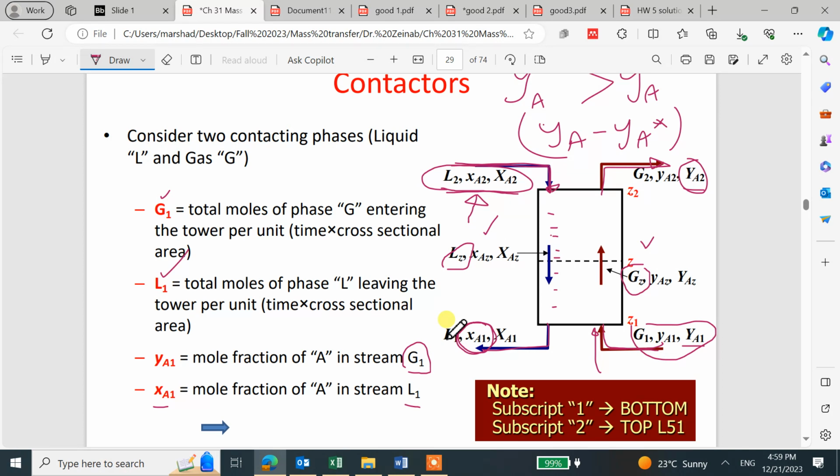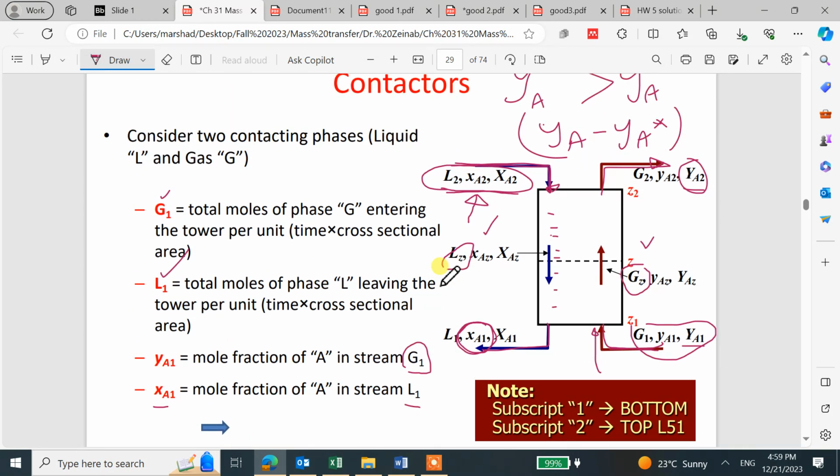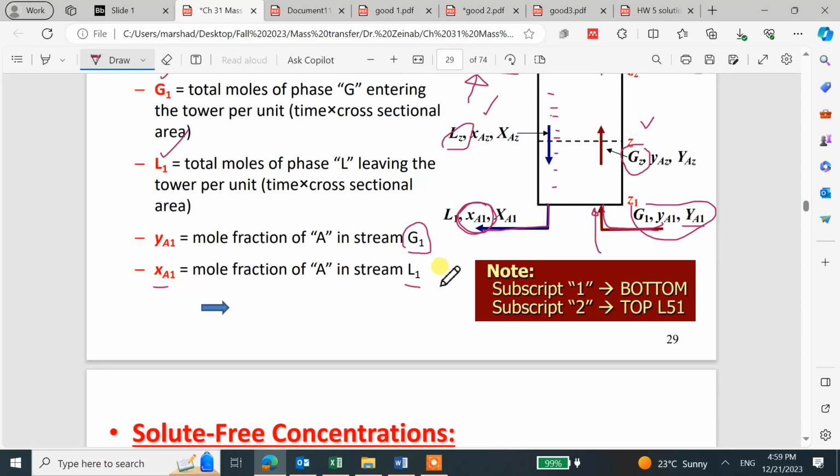That's why it is preferred to express these properties, mass fraction and mole fraction, in terms of solute free, because solute concentration is changing from one stage to another. Suppose ammonia: ammonia will get absorbed in the liquid. So at each stage the flow rate and the concentration are changing.